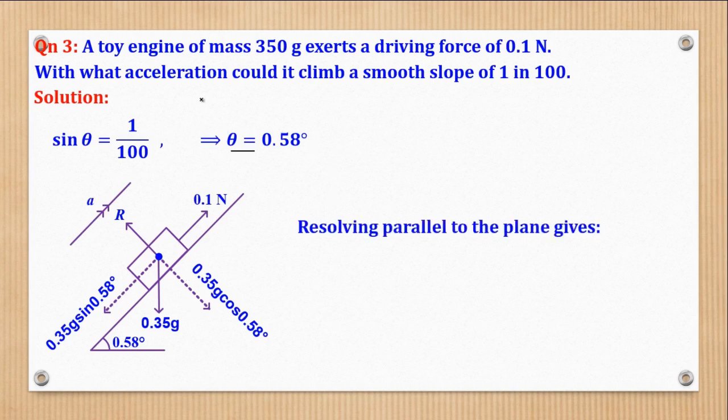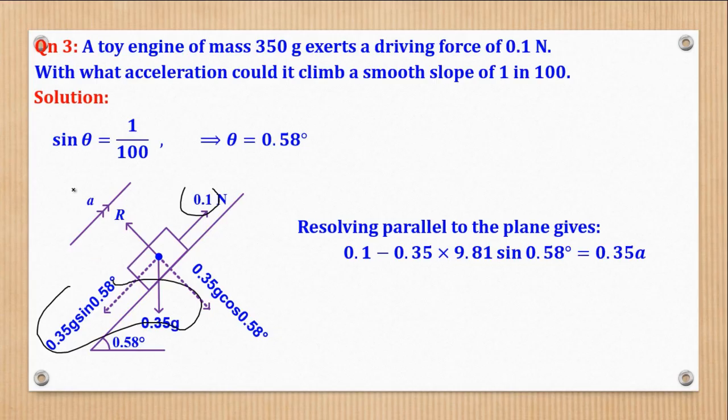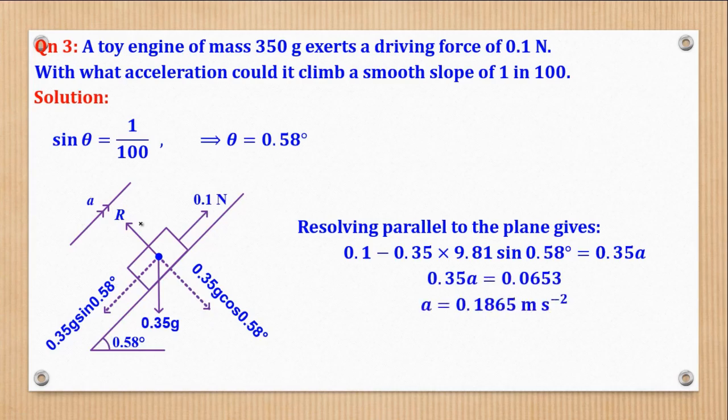So here there's no friction because they said smooth, so there's no friction. So shall resolve part of the plane. This minus these two is equal to MA. That means I can get the value of A. And that's what they wanted.